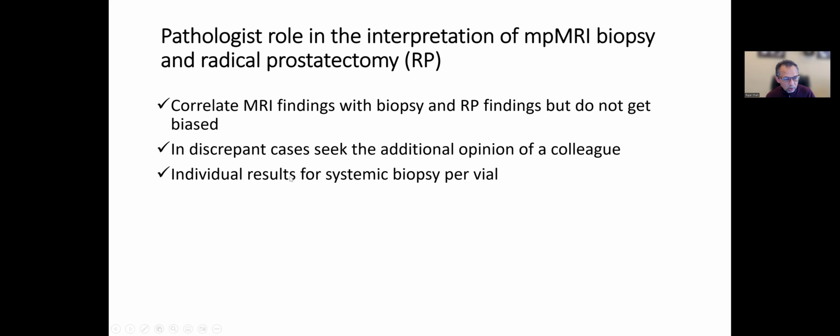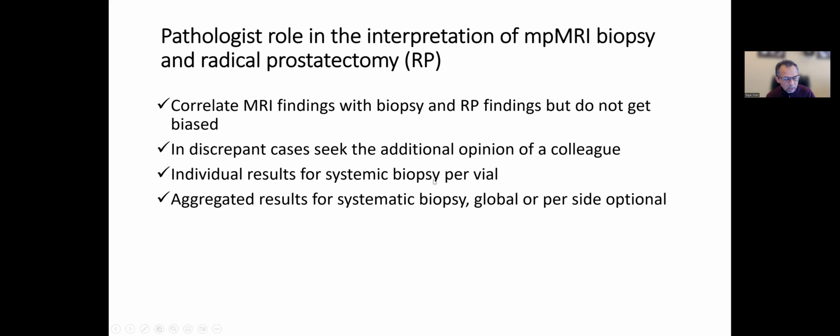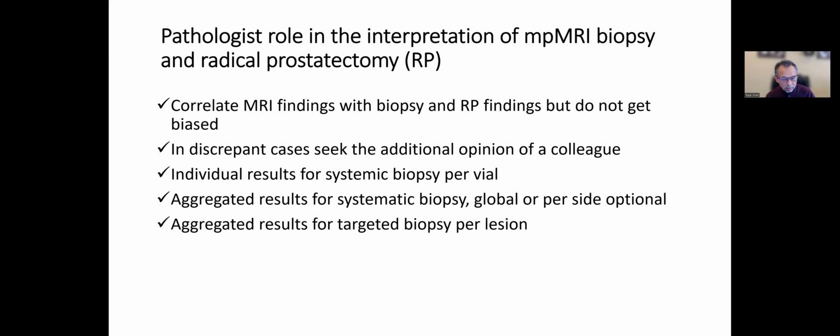You still need to report individual Gleason grade findings for systematic biopsy per vial. Aggregated results for systematic biopsy, global or per side, are optional. But studies have also shown that when you look at multiple cores within the same lesion, providing aggregated results can give you a better correlation, particularly between the Gleason grade of biopsy and final radical prostatectomy, because the lesional biopsy cores are targeted to a very specific area of the tumor.